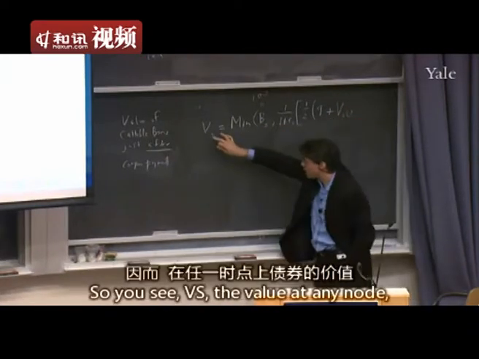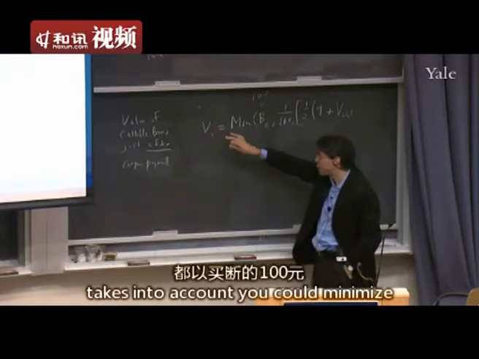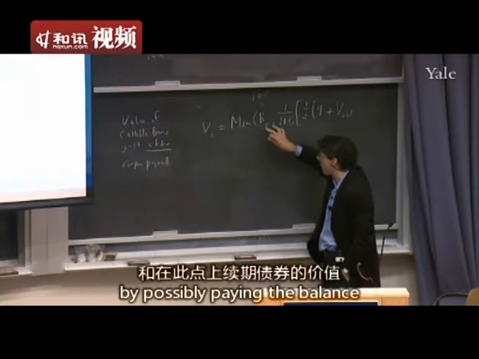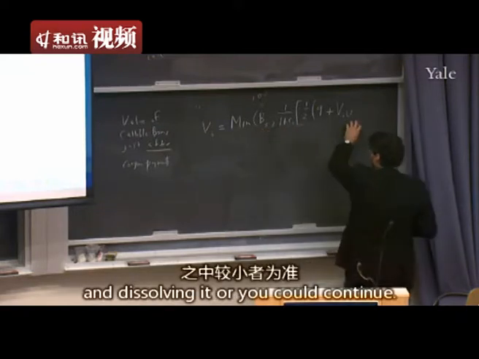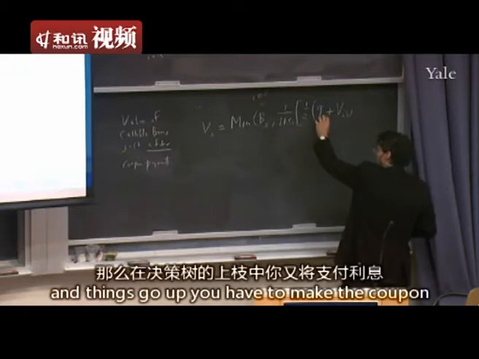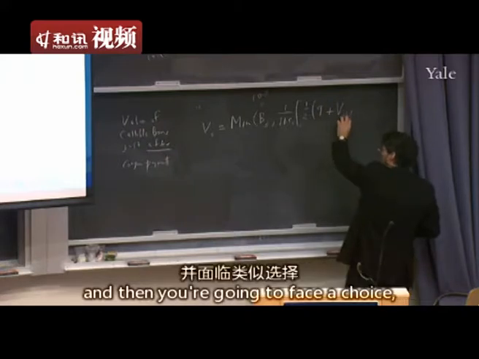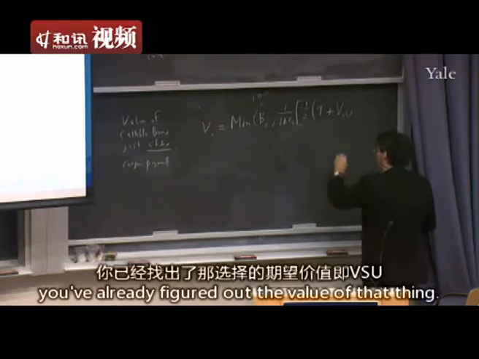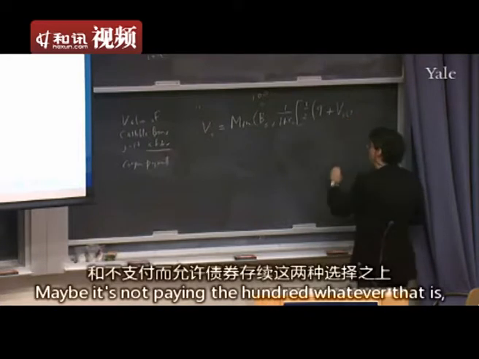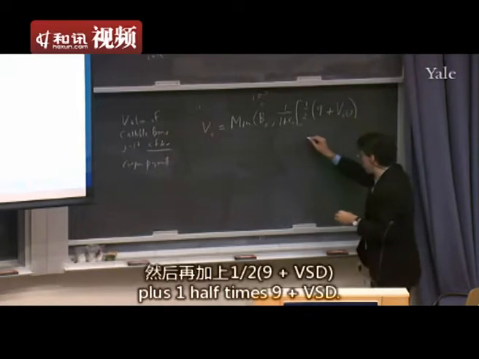So VS, the value at any node, takes into account you could minimize by possibly paying the balance and dissolving it, or you could continue. If you continue and things go up, you have to make the coupon, and then you face a choice. But we assume by backward induction you've already figured out the value of that thing. Maybe it's paying the 100, maybe it's not. Whatever that is, plus a half times 9 plus VSD.